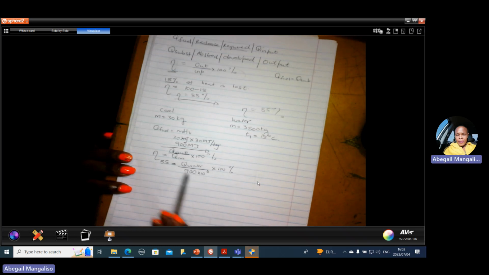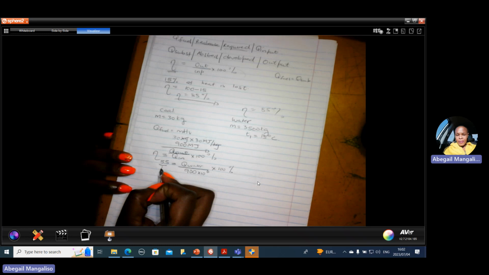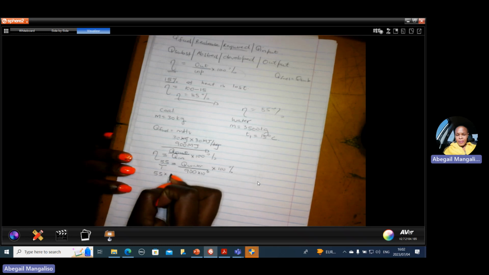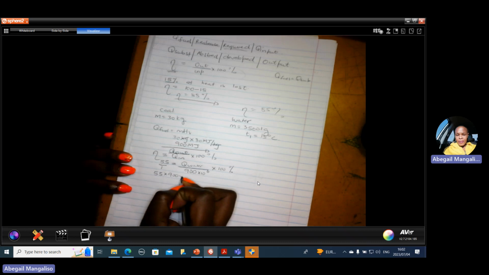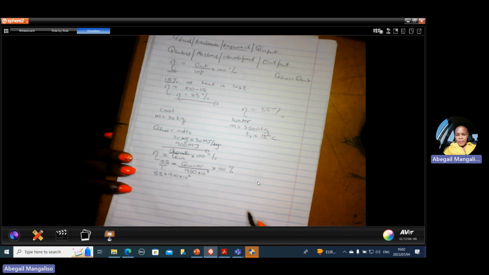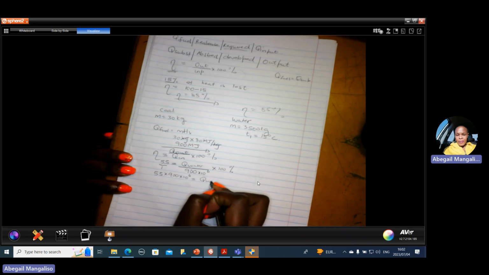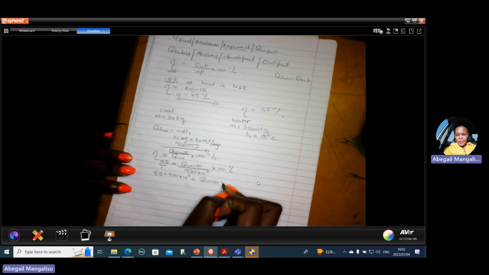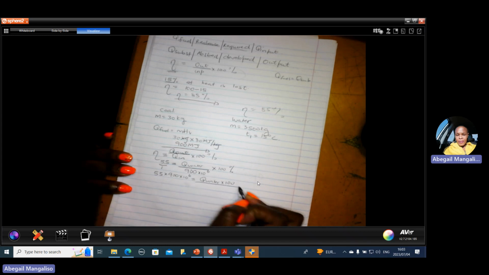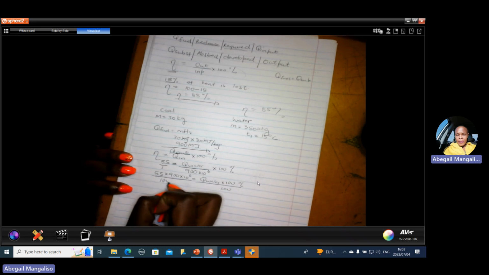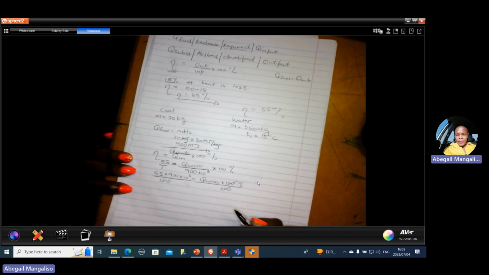So you can cross multiply here. This is over 1. So this will be 55 multiplied by 900 times 10 to the power 6, equal to Q water multiplied by 100. To get rid of this 100, you divide both sides by 100. The 100 cancels out.